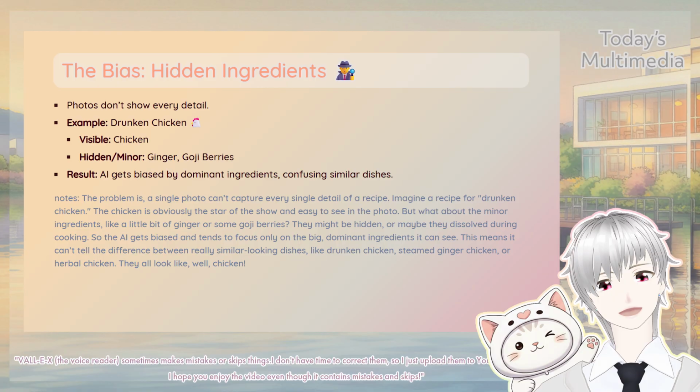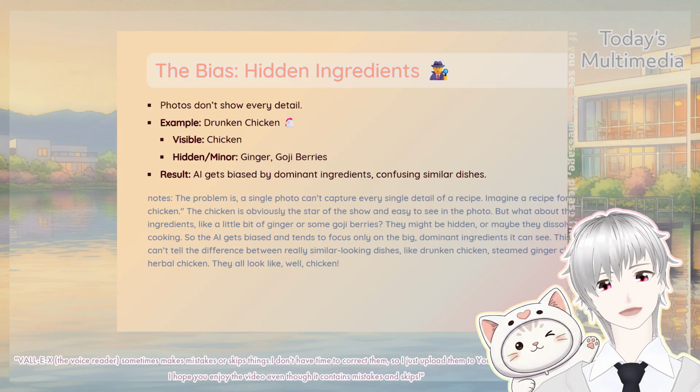They might be hidden, or maybe they dissolve during cooking. So the AI gets biased and tends to focus only on the big, dominant ingredients it can see. This means it can't tell the difference between really similar-looking dishes, like drunken chicken, steamed ginger chicken, or herbal chicken. They all look like little chicken.